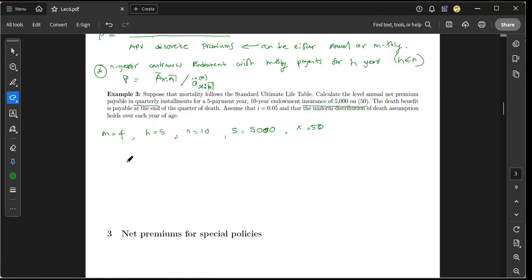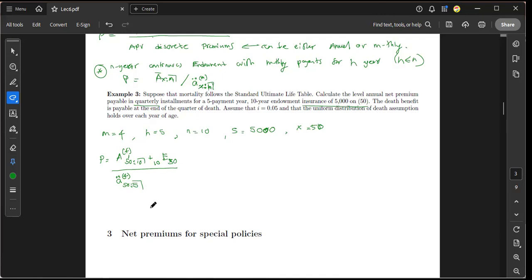This is also discrete. So in this case, the premium should be the benefit compounded for 4 terms, and this goes for 10 years, and this is the term life plus the pure endowment of 50 to 10 years, divided by, so that is the benefit present value, and for discrete annuity 4-year periods from 50 to, now the payment years are only valid for 5, so 50 to 55 for 5 years.